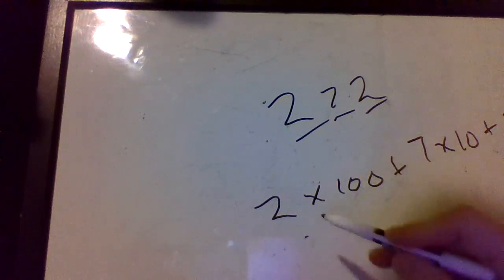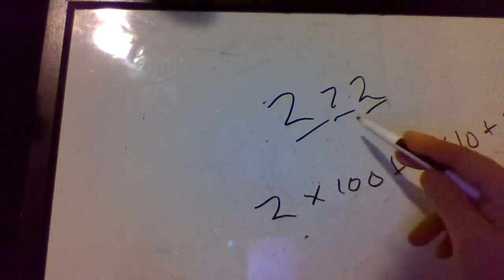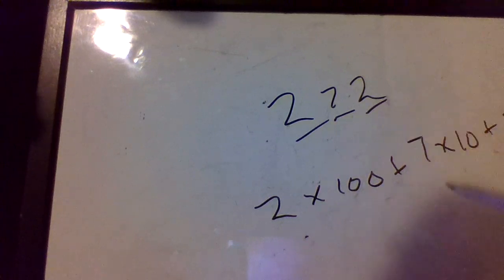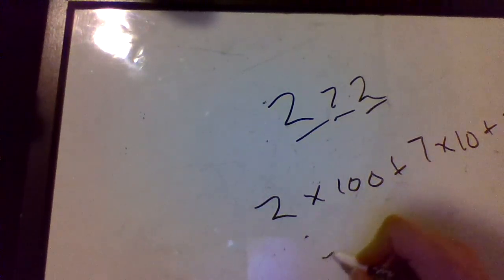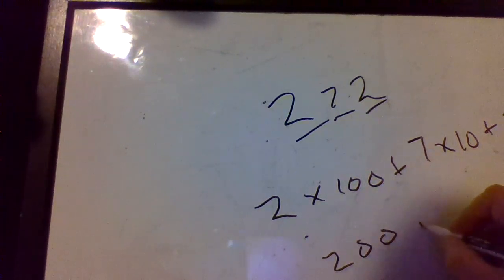So 2 groups of 100 for that, 7 groups of 10 for that, and 2 groups of 1 for that number. So if we look, 2 groups of 100 is 200. 7 groups of 10 is 70.